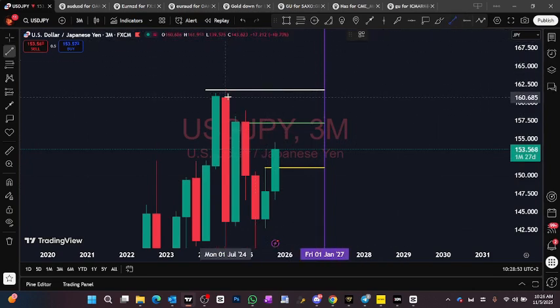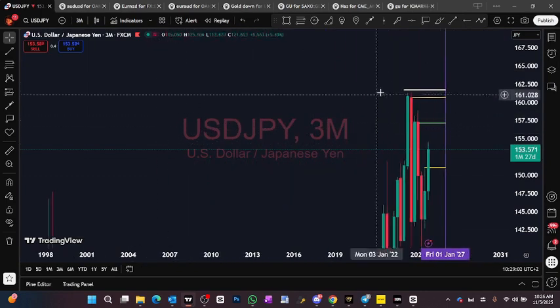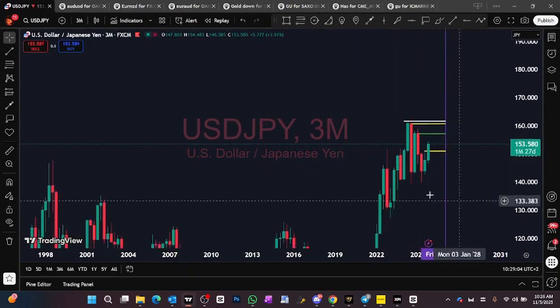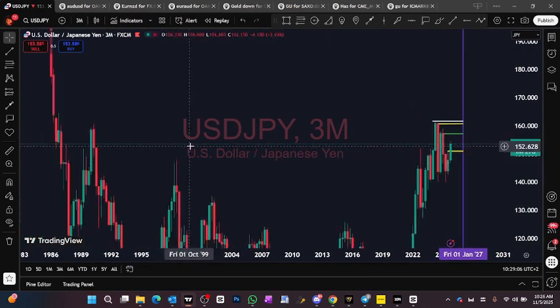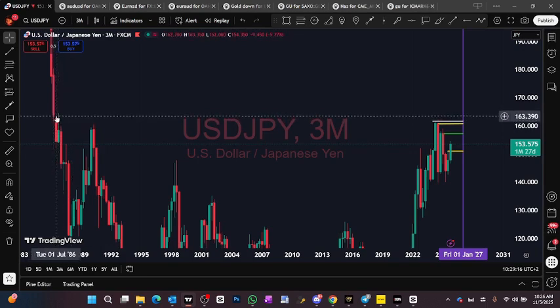Another body resistance here for the 3 months, it's here. So let's look on our left if we have something. So this one has been taken, and the fair value gap has been closed right there.